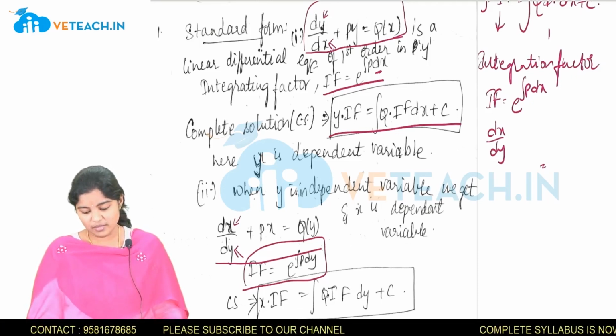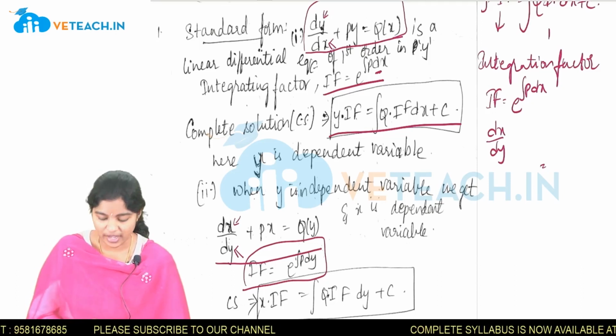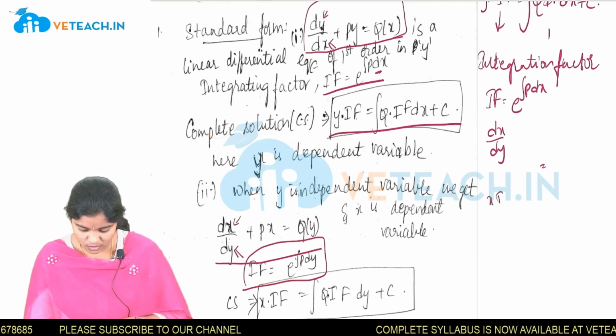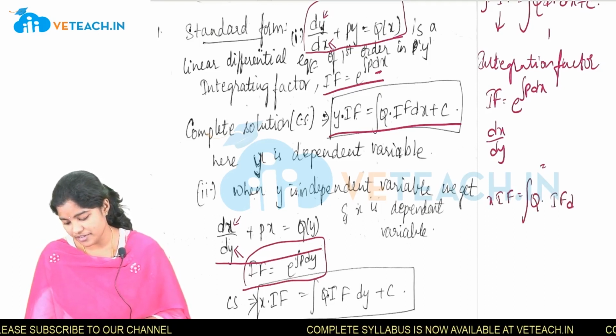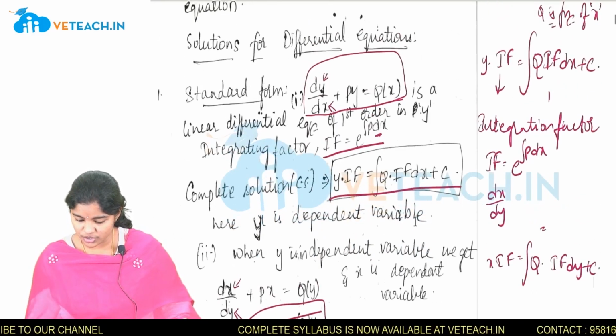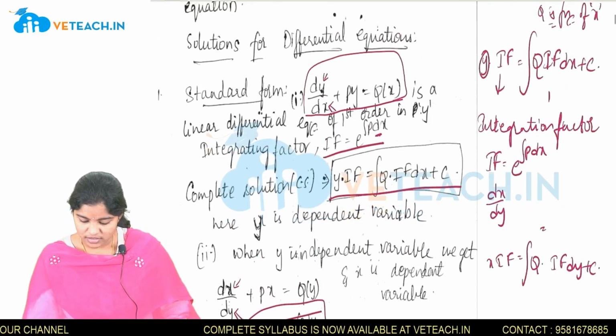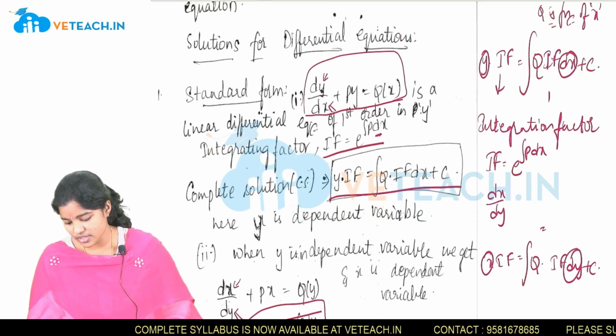The solution becomes quite opposite of this. Wherever you have x, replace it with y. So x into IF is equal to the integration of Q into IF dy plus c. In the solution above you had y, replace it with x. There you had dx, replace it with dy.